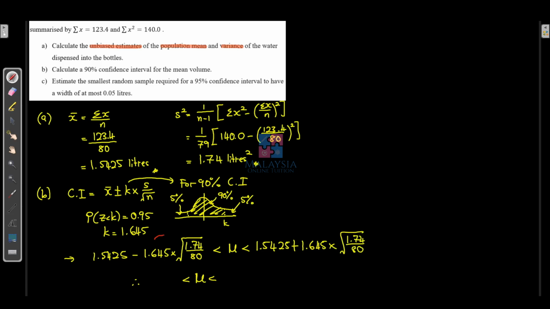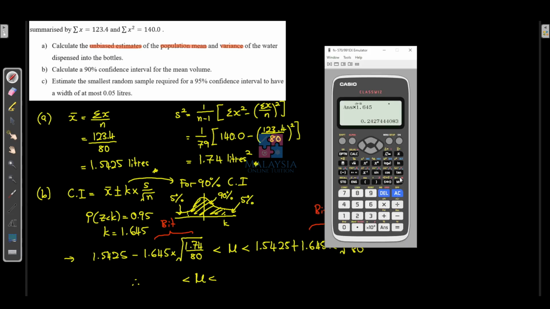So why do I call it the bit? Because if you realize, 1.5425 minus a little bit, 1.5425 plus a little bit. So that's why we call this part bit. Just now we found the bit already. So we store this bit inside the letter A, for example, and then we can write 1.5425 minus a little bit.